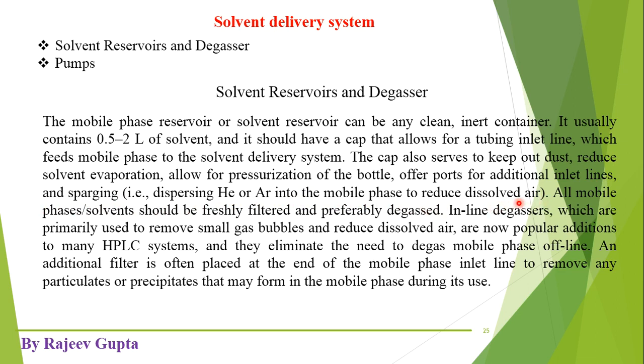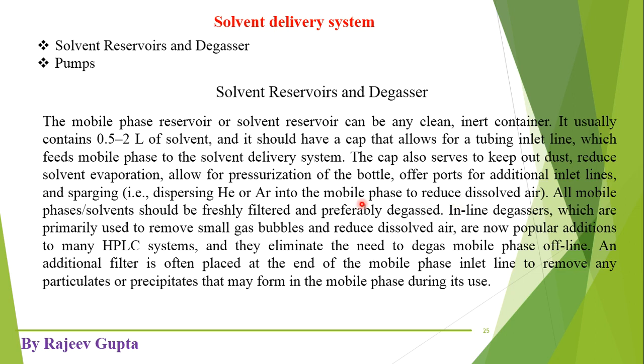So this is the degasser, a degassing unit, where one type of degassing is shown here, where we purge helium or argon gas inside our mobile phase to remove dissolved air in our solvent, because this dissolved air could create problems inside the column. As we know, very high pressure will be applied through pumps on this mobile phase.